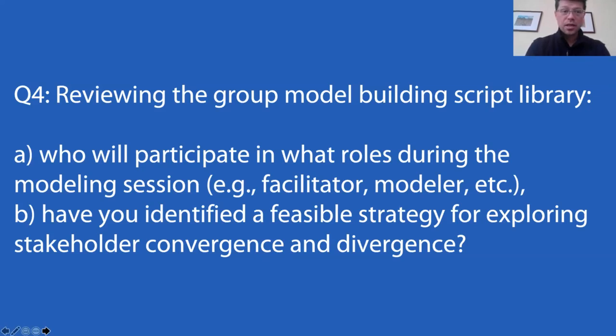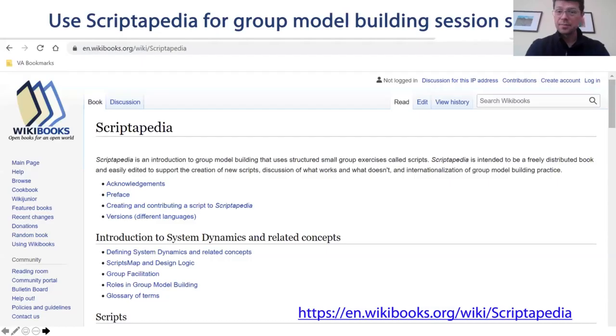Because they're definitely not all going to be of one mind, at least not at the outset. So we recommend highly using Scriptopedia. It's a well-used, well-referenced group model building set of scripts that have been established and modified and improved over decades in system dynamics.